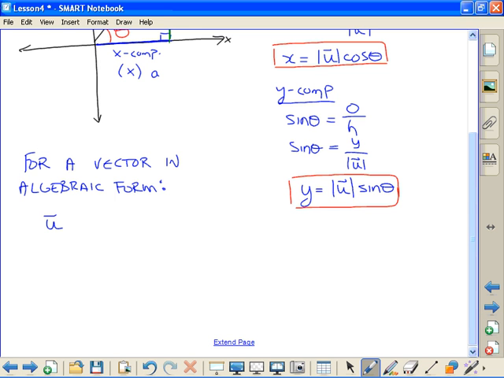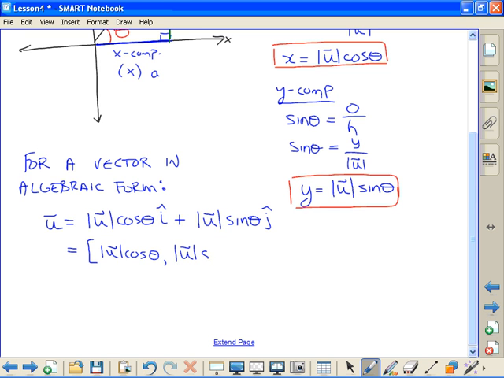So the u vector could be written as magnitude of u cos theta i, so this is unit vector form, plus magnitude of u sine theta j. Okay? Or if you are going to work in coordinate form, bracket magnitude of u cos theta, comma, magnitude of u sine theta bracket.